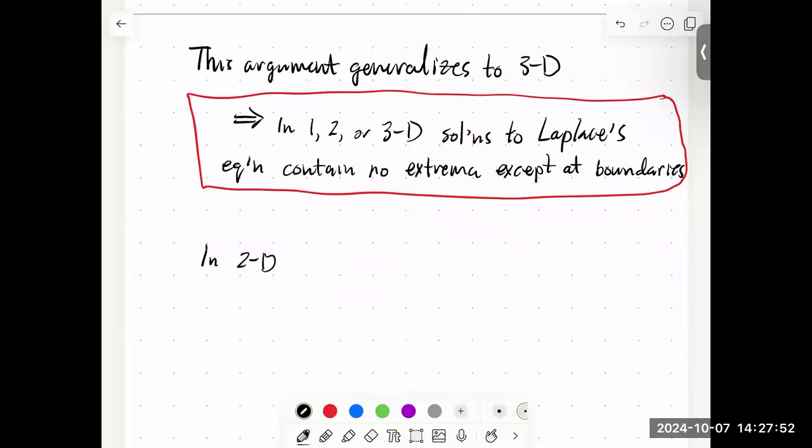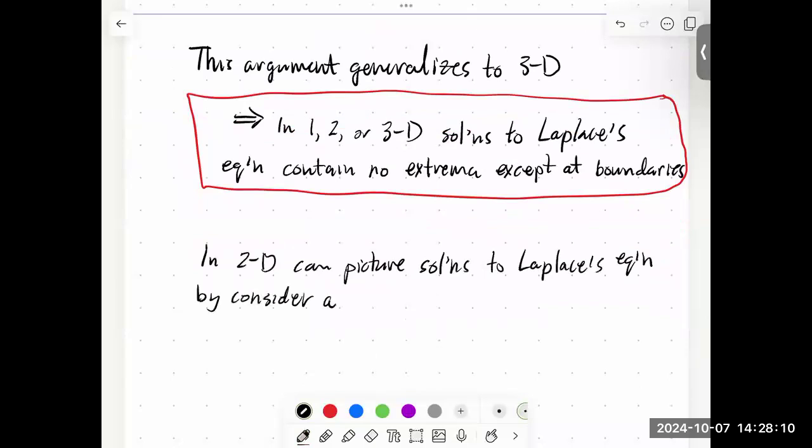So in 2D, we can picture the solutions to Laplace's equation by considering a wavy line cut around the perimeter of a box.